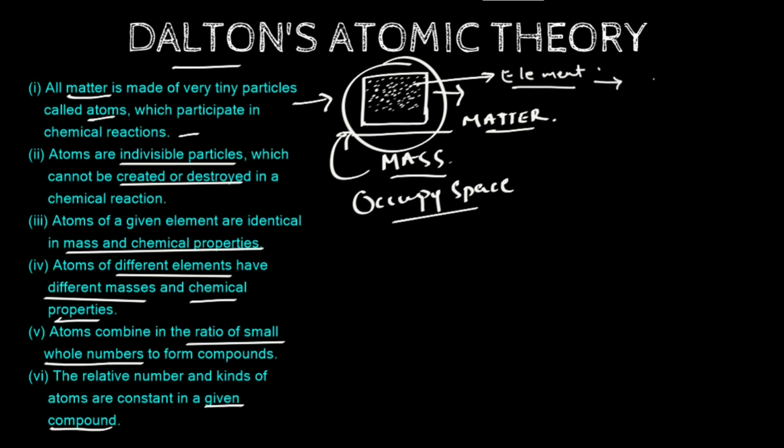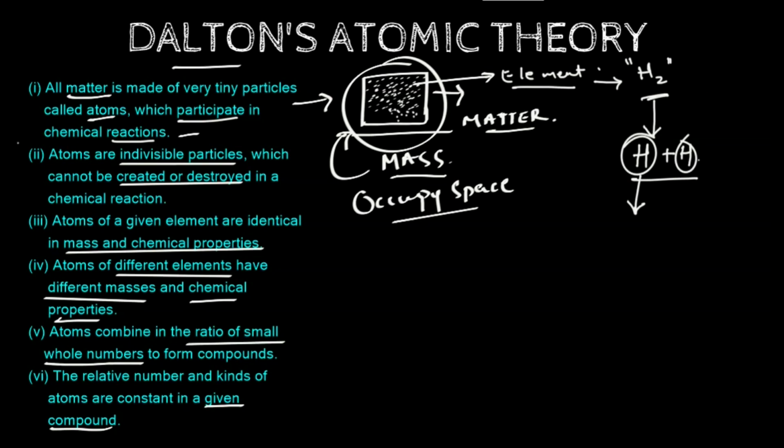Hydrogen is an element, and if you take a closed container containing hydrogen gas, these are the molecules of hydrogen, and each molecule of hydrogen contains two atoms of hydrogen. Each hydrogen atom participates in a chemical reaction. If you react hydrogen with something, then each and every hydrogen atom can take part in a chemical reaction.